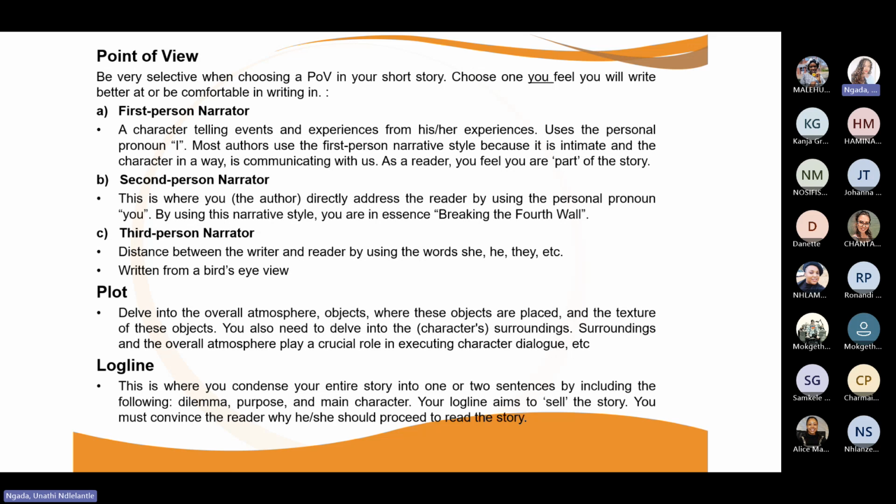please don't feel limited in what kind of story I am supposed to write. So, for example, 2 years ago, I had a first year student who wrote a short story, and the genre was erotica, as in 50 Shades of Grey type of thing, but in a South African version of 50 Shades of Grey.